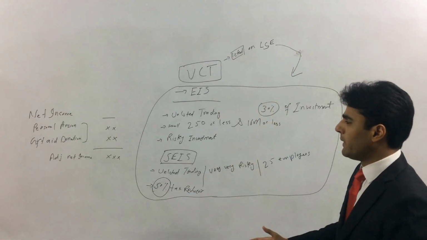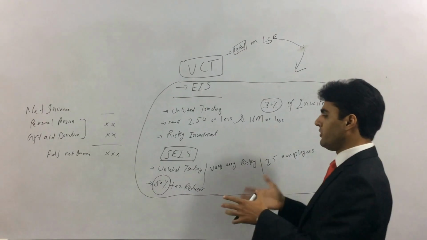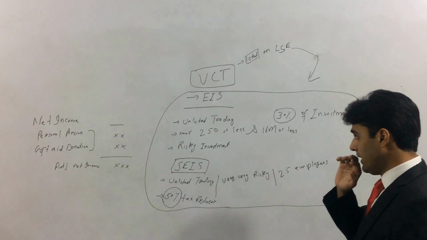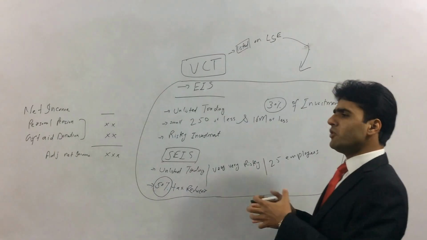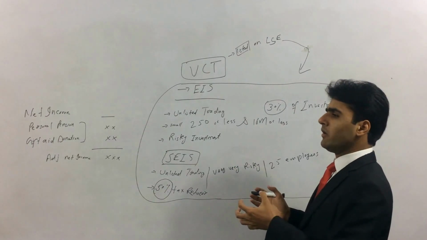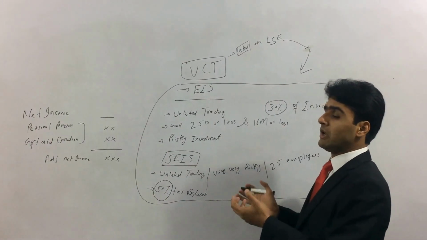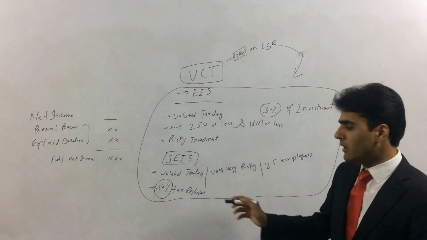Now these are three companies, as I said earlier. What you need to do is buy shares in these companies. When you buy shares in these companies, whatever your investment is, the government gives you some benefit in the shape of tax reducers. Here it was 30%, here it was 50%.